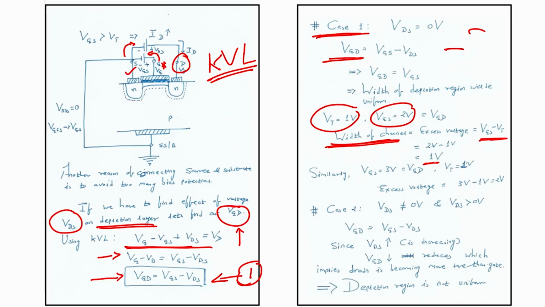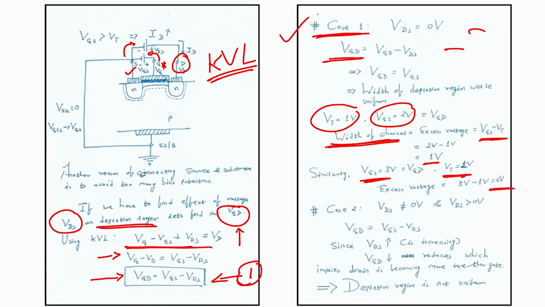Because of this 1 volt of excess voltage, the channel will form, and this is the width of the channel. Similarly, if Vgs equals 3 volts and Vt equals 1 volt, the excess voltage will be 2 volts, and that will be the width of the channel.